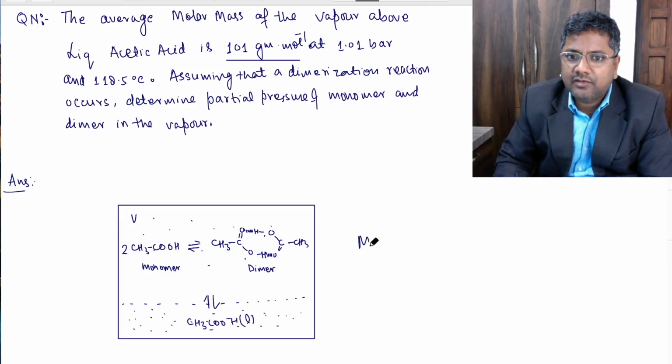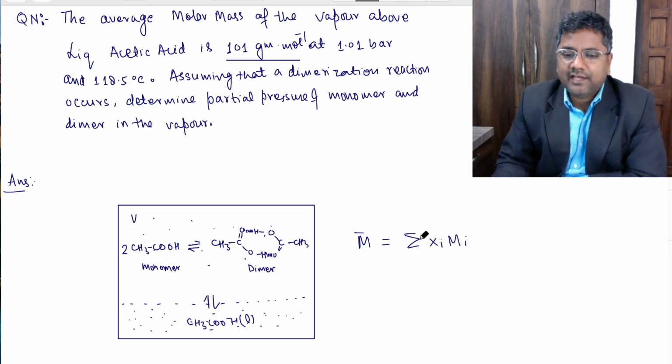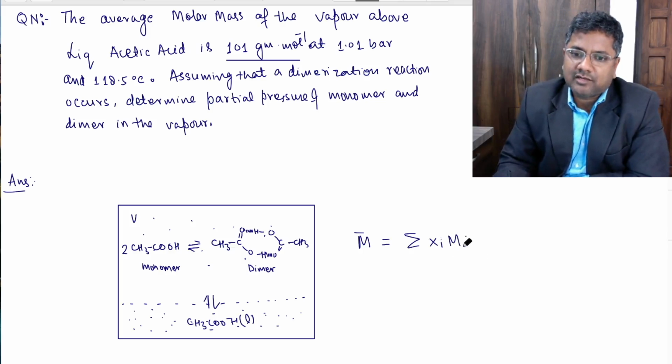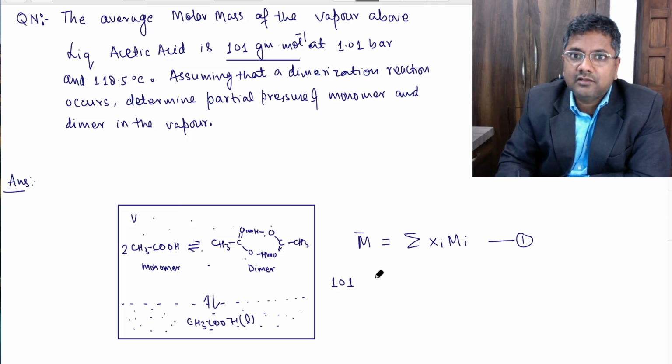All of you know that the average molar mass is equal to sigma xi mi, where x is the mole fraction and m is the molar mass. So the average molar mass M given for this mixture is 101 grams per mole. This is equal to x, as monomer and dimer both are present in the vapor phase.